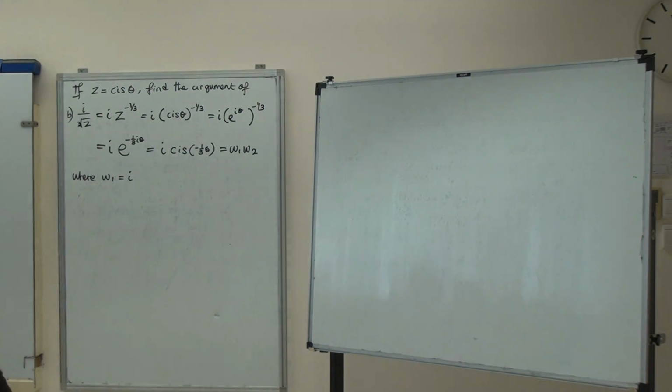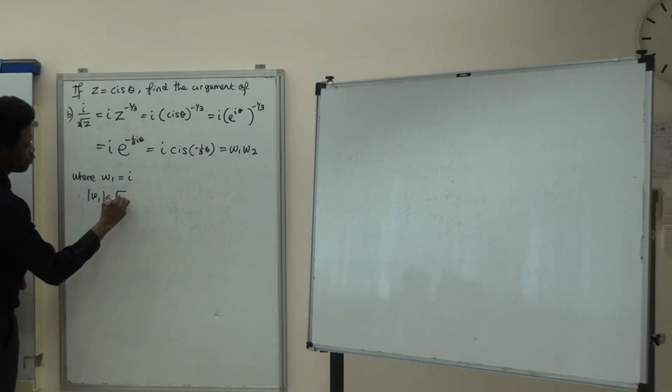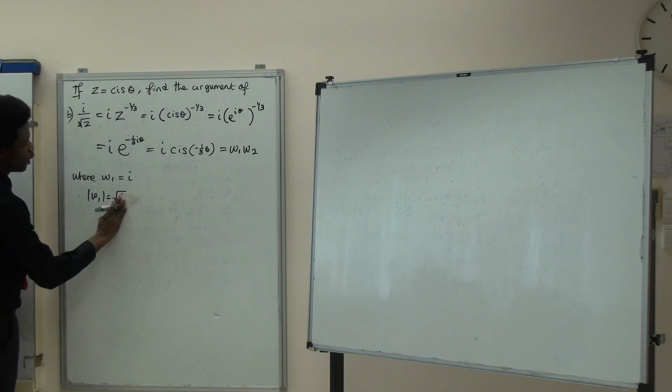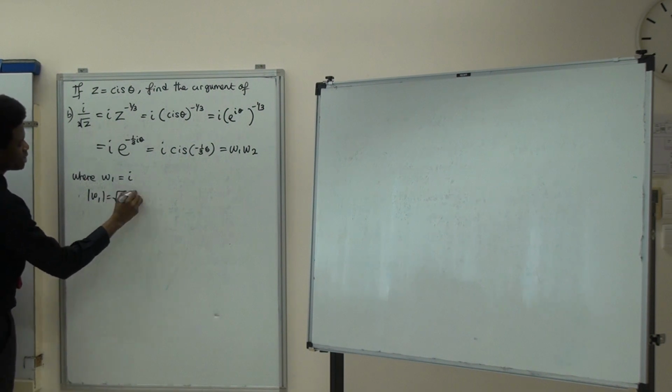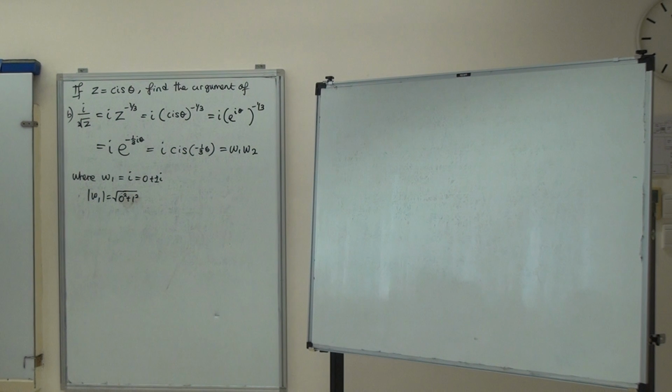Does it make sense? And the absolute value of W1 is just the square root of 1 squared plus 0 squared, or 0 squared plus 1 squared, if I put it in order. Do you know how I got this? Because this is 0 plus 1i. And the absolute value is definitely 1, like he said.